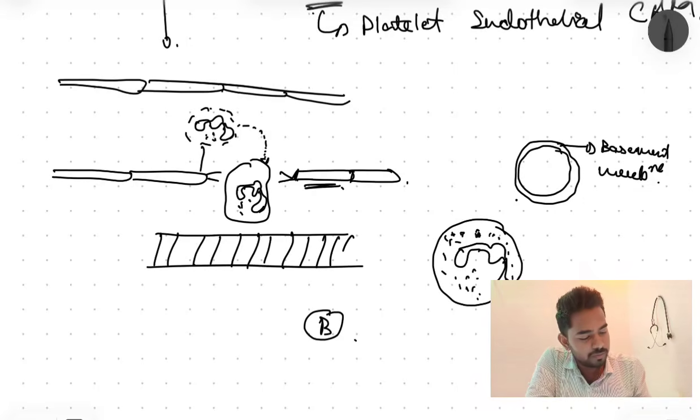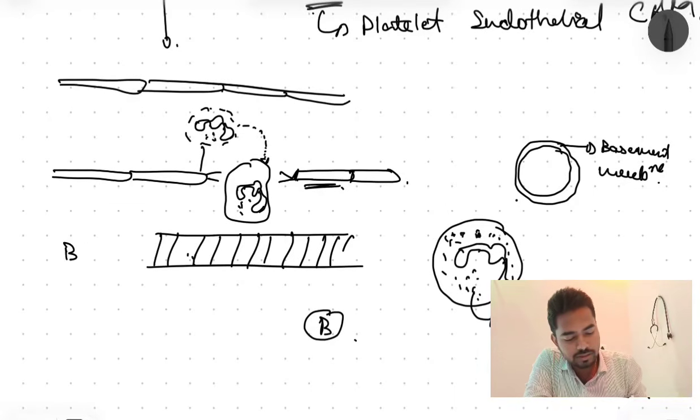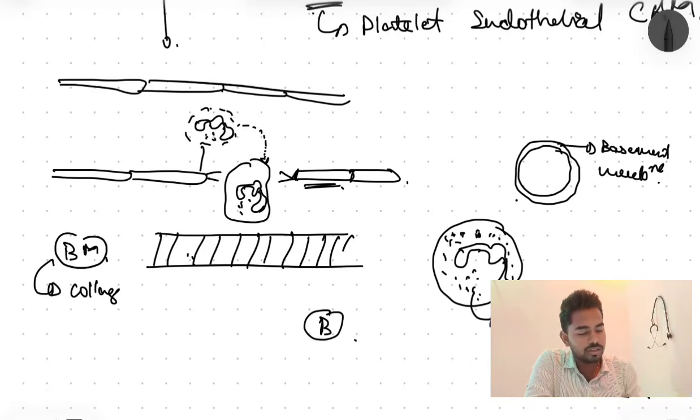What happens now? Neutrophil releases granules. These granules contain collagenase. Why collagenase? Because the basement membrane is made up of collagen. To digest this collagen, neutrophil releases collagenase.